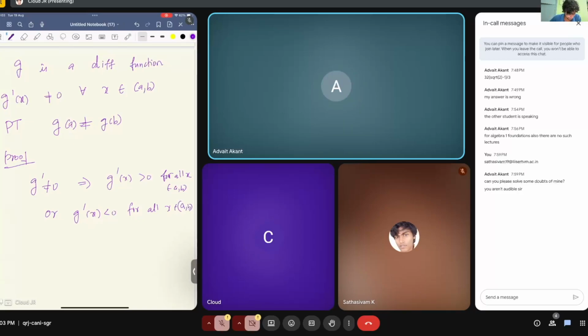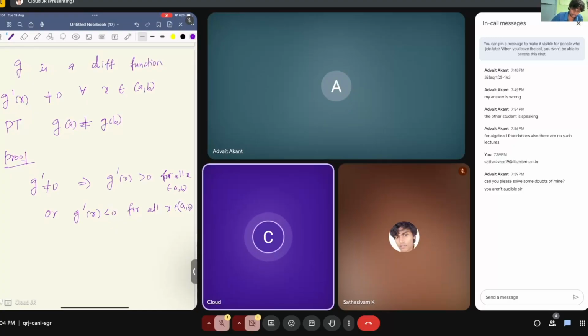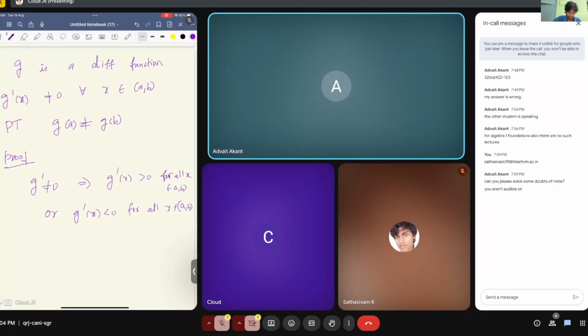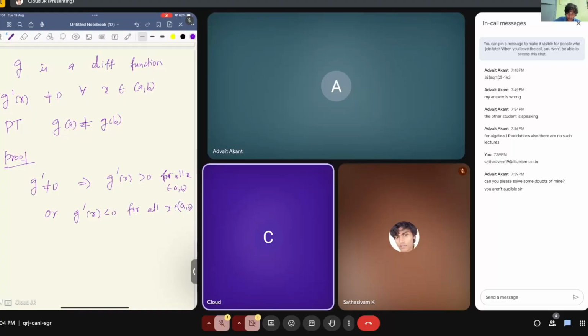Assume that g dash a is greater than 0 and g dash b is less than 0 for some a and b. I mean, not a and b, but some x1 and x2, let's say. So some 2 points.